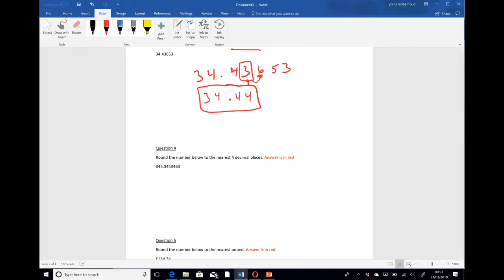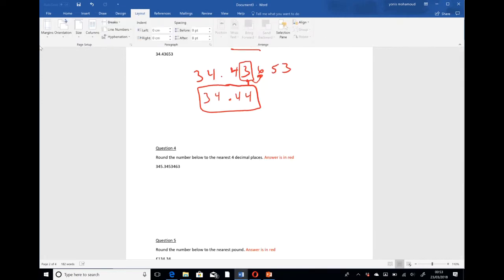Okay, so the next question asks, round the number below to the nearest 4 decimal places. So let me write that number again. So 3.45345346. Okay, so I'm going to look at the number which is in the 4th decimal place. It's number 3.